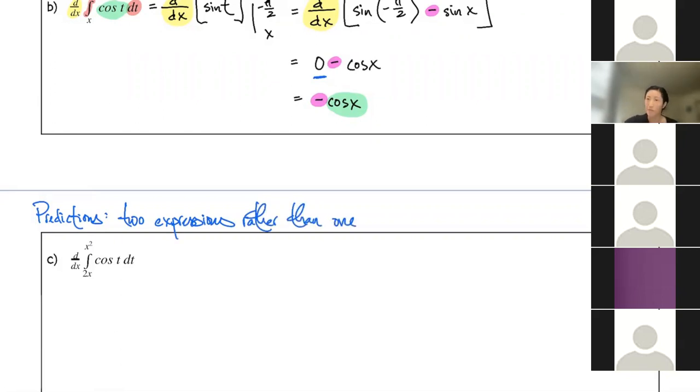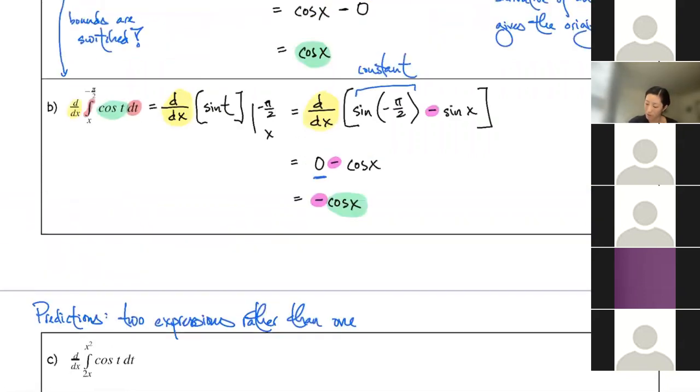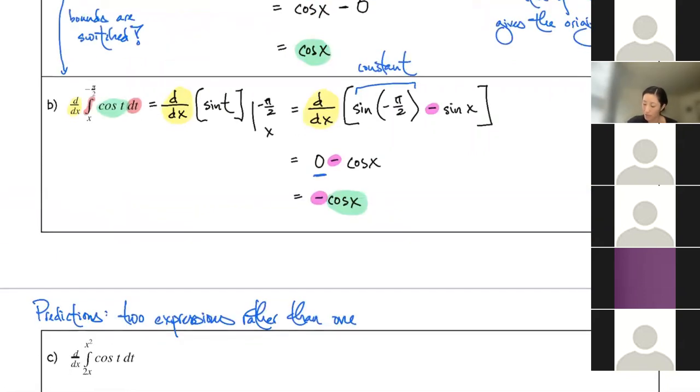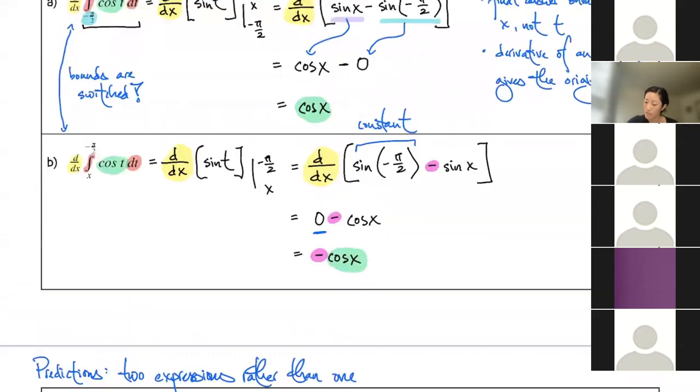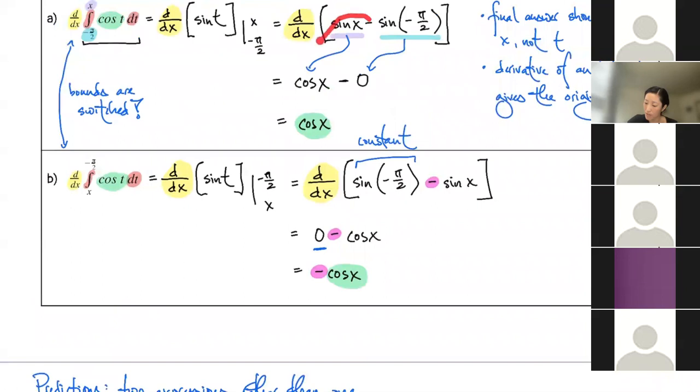So I'm hearing from pretty much everyone that two expressions rather than one will be our final answer, meaning that we got sine x became cosine x, and then this one became a 0. But what folks are saying is that that second one will not become a 0. All right, so let's see if that's true or not.